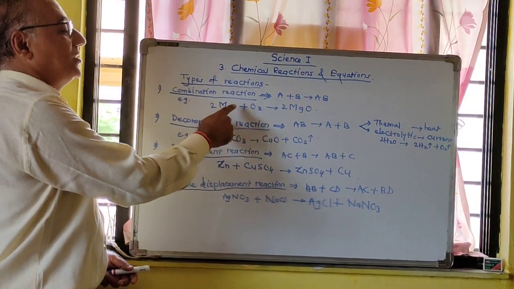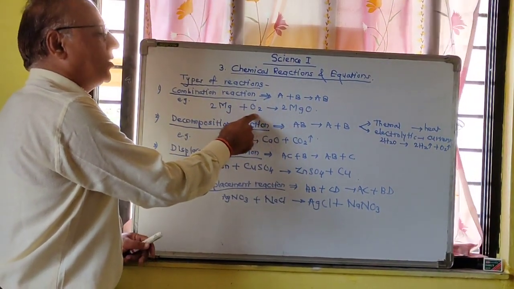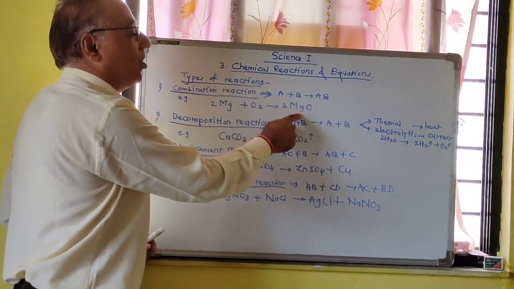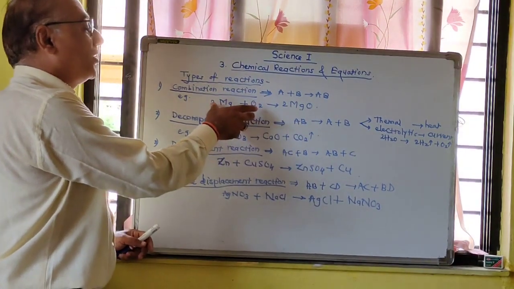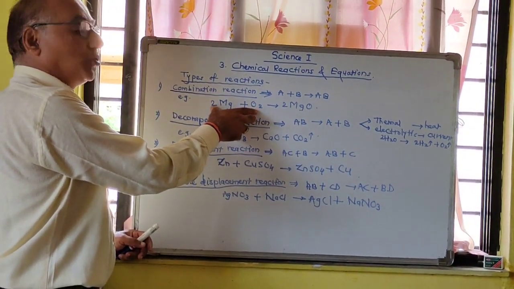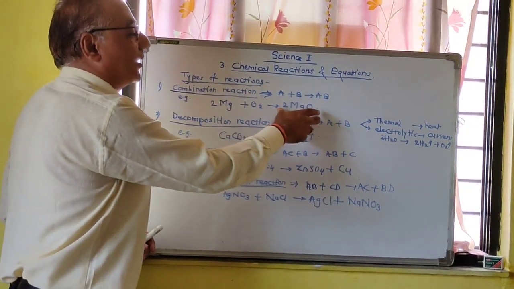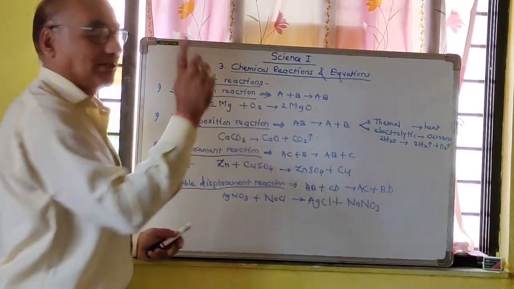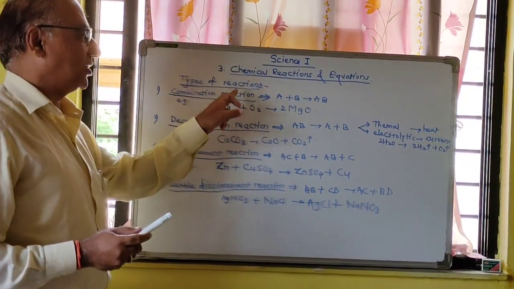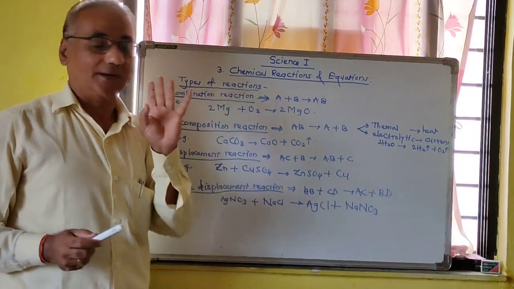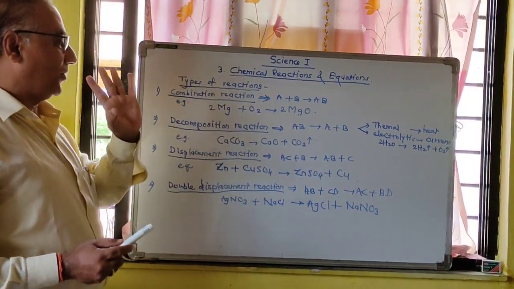When magnesium reacts with oxygen, there is a formation of magnesium oxide. Here we observe that there are two reactants, and from those two reactants there is formation of a single product. So this reaction is known as combination reaction. This is the first type of reaction.